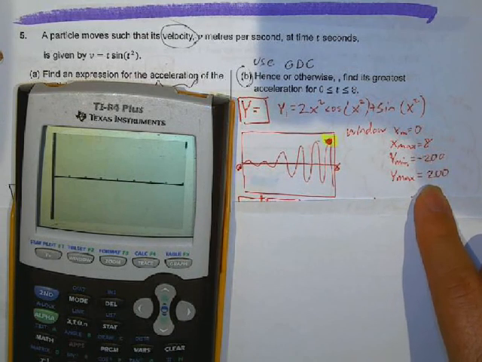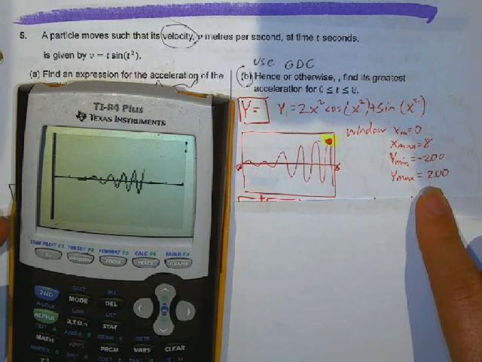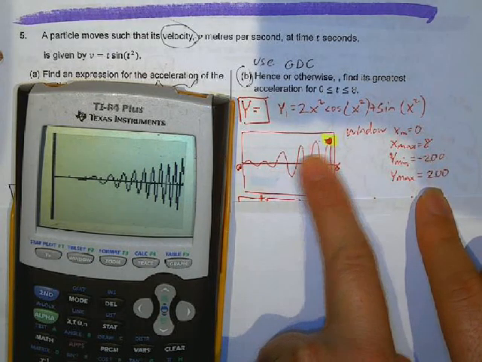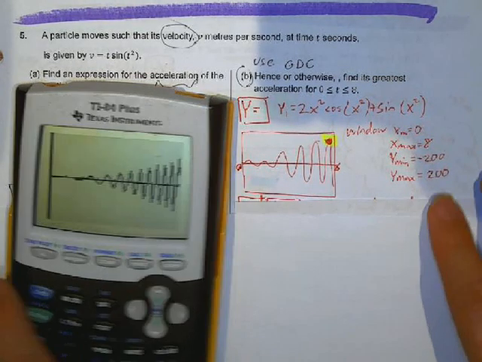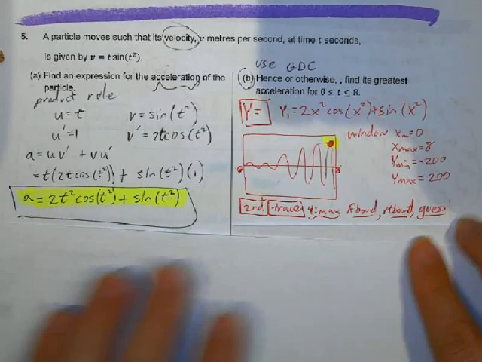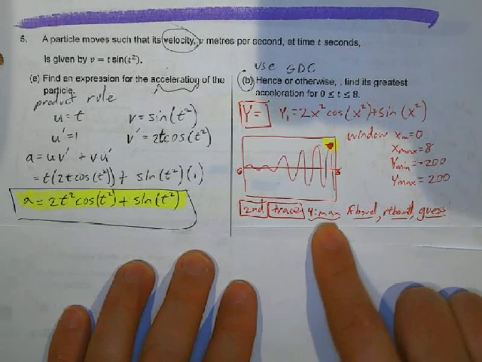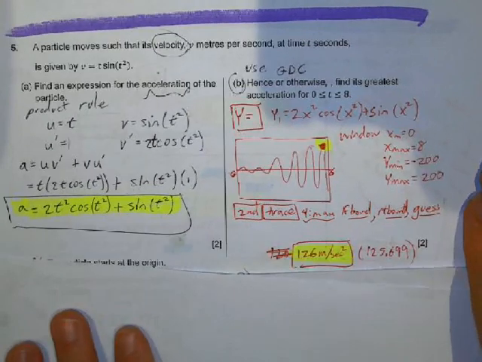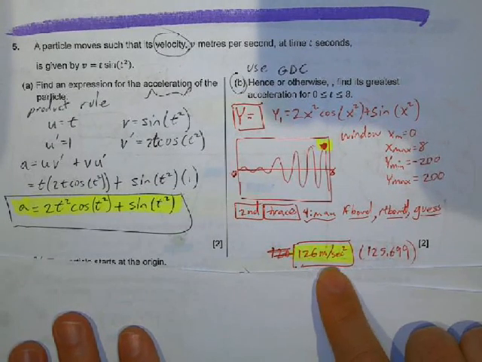You will need to fool around with window settings. You get something like this, and then do second trace. We want to find the maximum: left bound, right bound, guess, and then I find the maximum point.